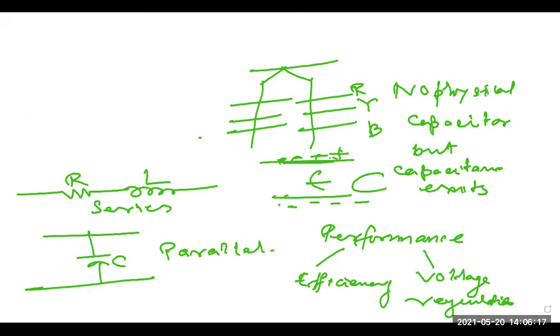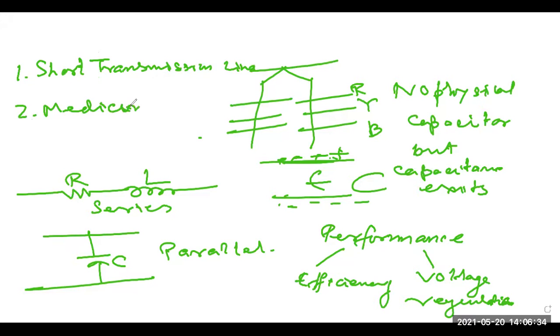So basically we can classify the transmission line into three categories: first, the short transmission line; second, the medium transmission line; and third, the long transmission line.